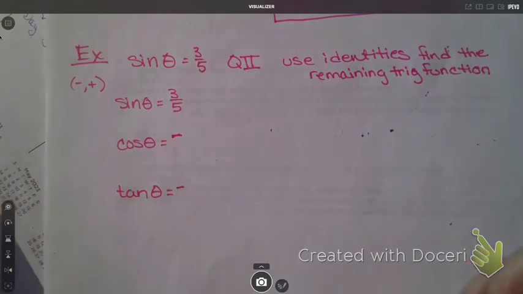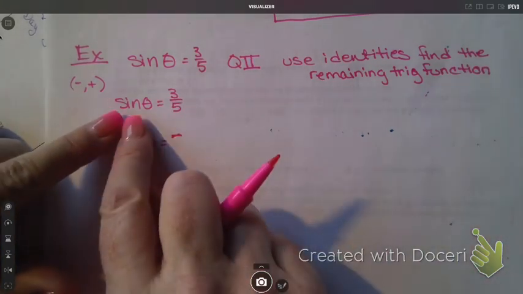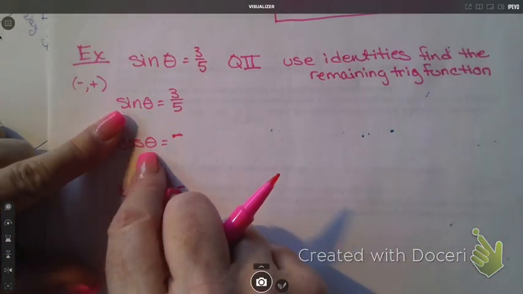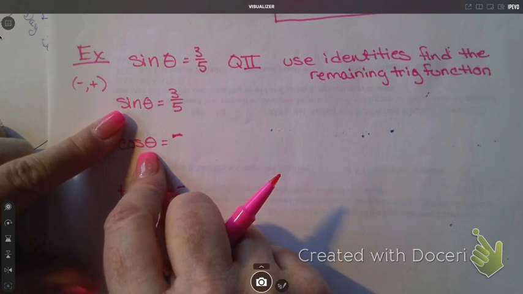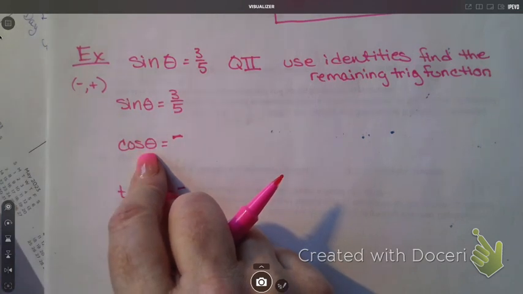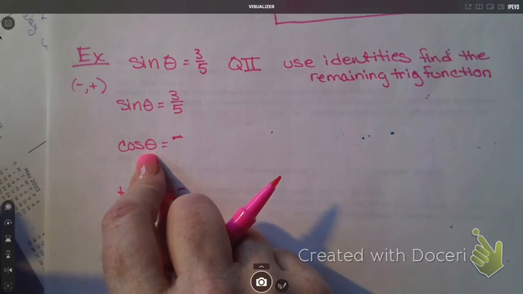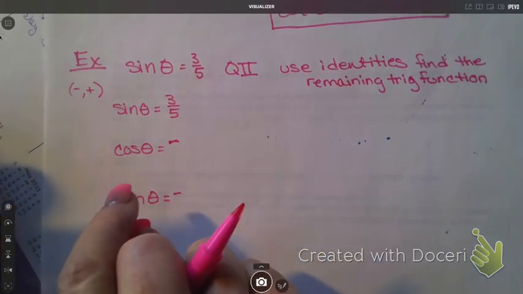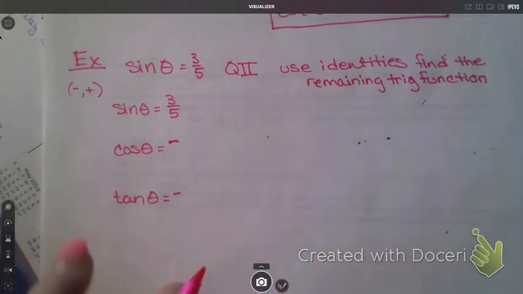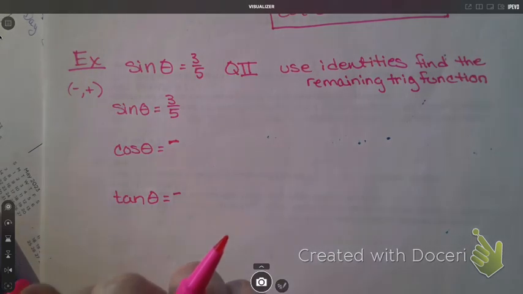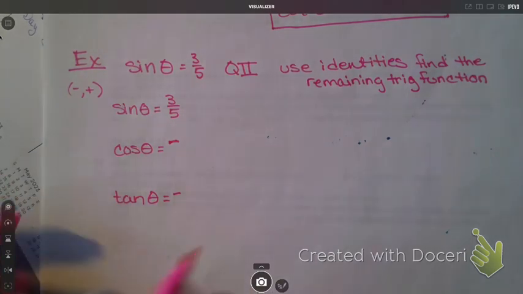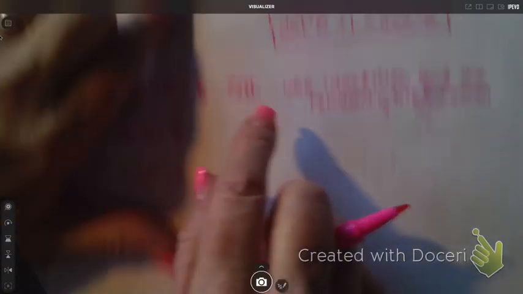So what you do is you say, okay, I have sine and I need to get to cosine. What identity do you have that has sine and cosine only in it? You've got reciprocal, ratio, and Pythagorean. Which one of those has sine and cosine only in it? Pythagorean.